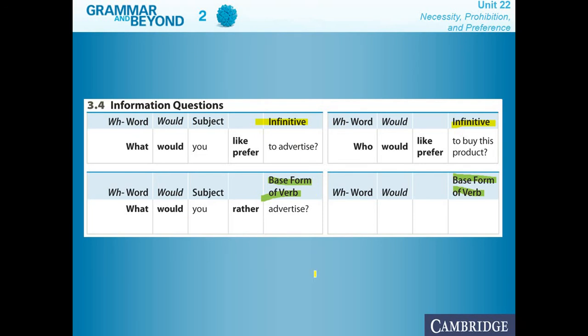The difference. And who would rather buy this product? Who would like to buy this product? You see the difference? Base form, infinitive form. Keep that in mind. Remember that with who, in any other cases, we are never going to include a subject in the question. Why? Because that is going to be part of the answer.